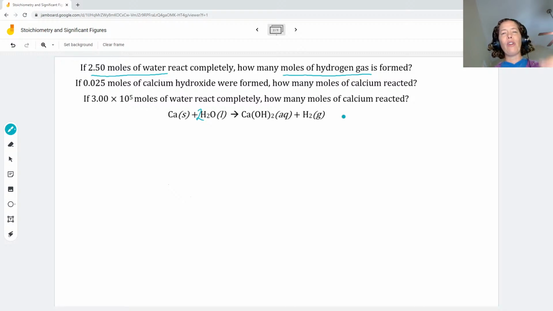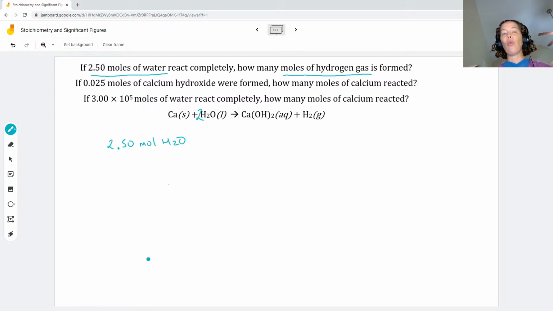But what I'm going to do first is I'm just going to write down what I was given. So I was given 2.50 moles of water.